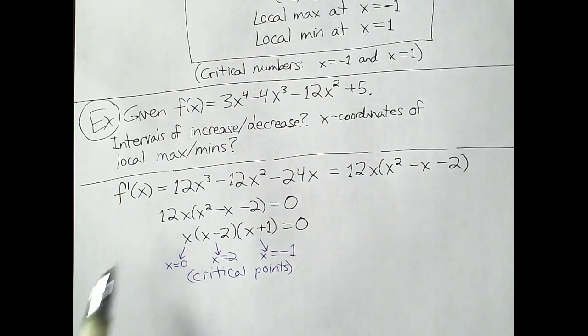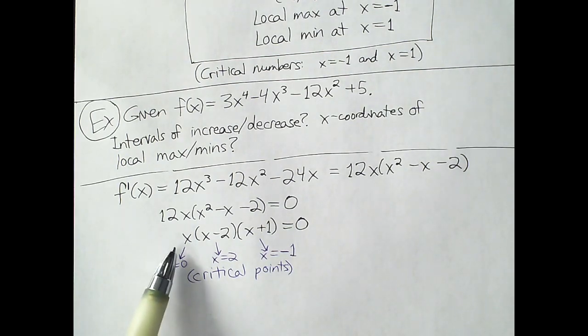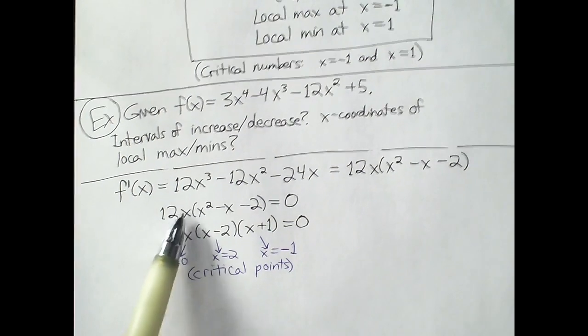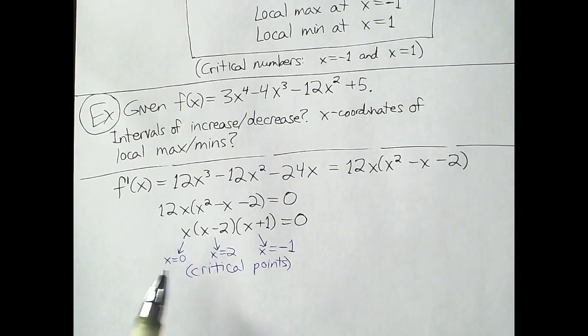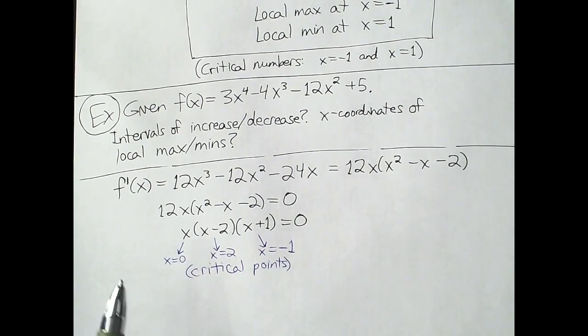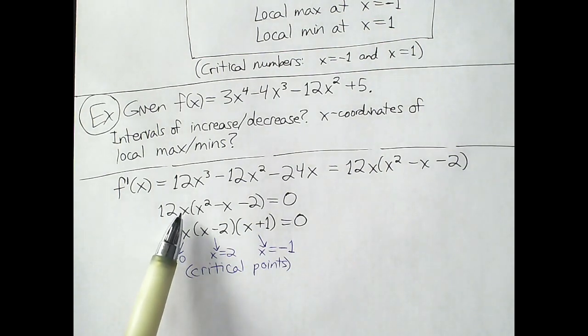It's not okay to do that with variables. So, for example, if you got to this step and you said, I'm just going to divide both sides by x to get rid of it, and you crossed out x, that would be wrong because you would lose this information and you wouldn't actually find the critical point x equals 0. So don't divide by a variable like x.